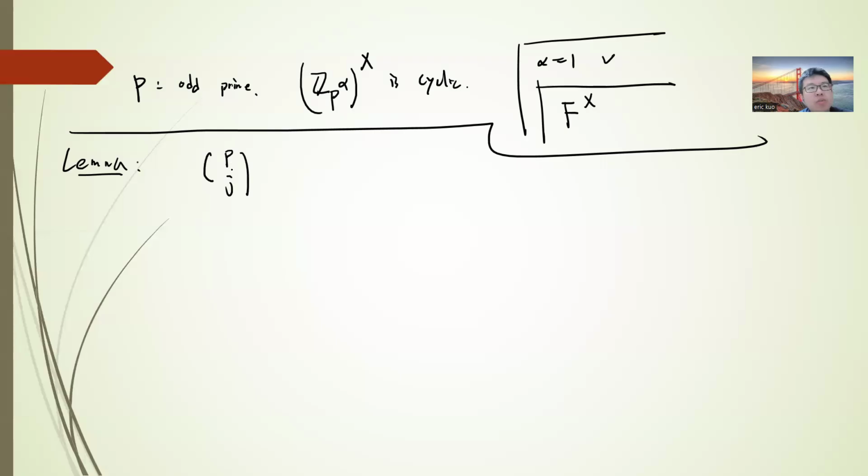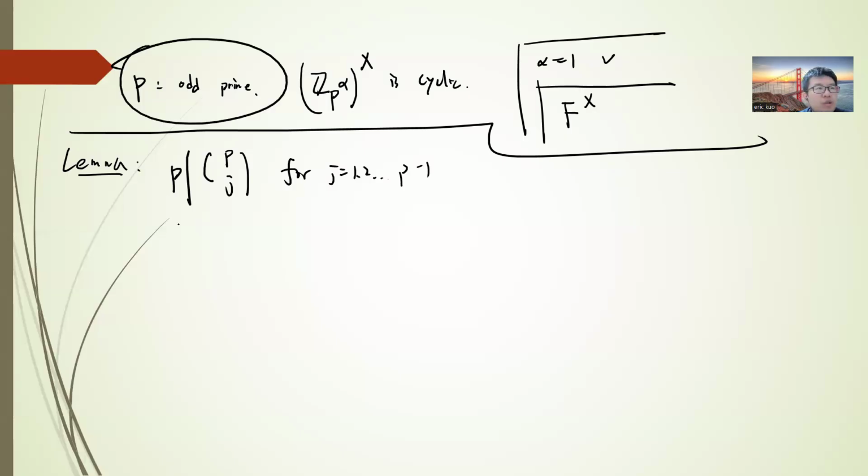Binomial coefficient: P divides P choose J for J from 1 up to P minus 1, where P is prime. The proof is very simple. You just write down P minus 1 up to P minus J plus 1, divided by J minus 1 up to 1.